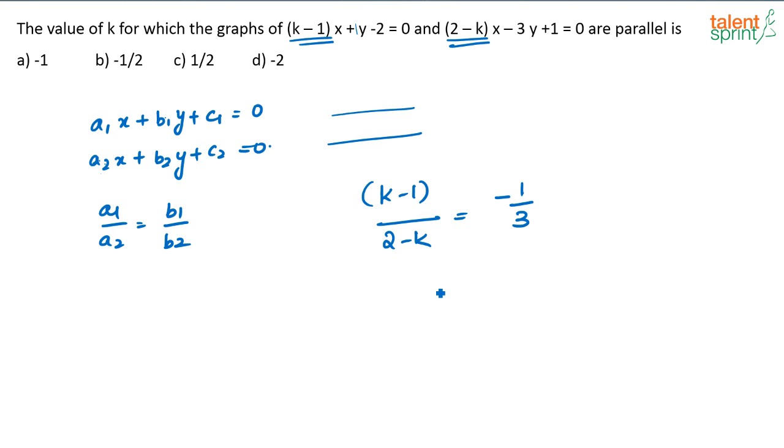You will have 3k minus 3 equal to minus 2 plus k, or 2k is equal to 1, or k is equal to 1 by 2. That is option C. K is equal to 1 by 2. Got it?